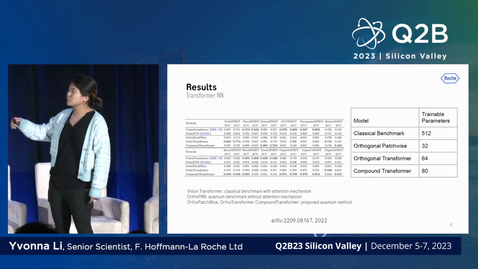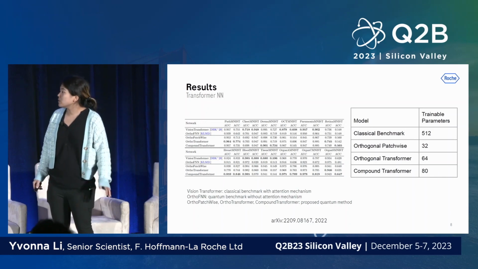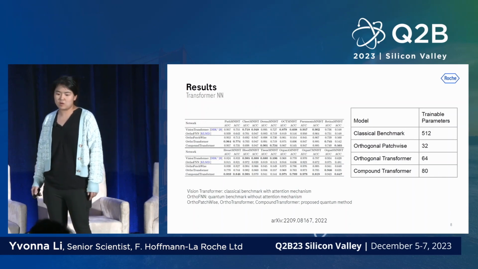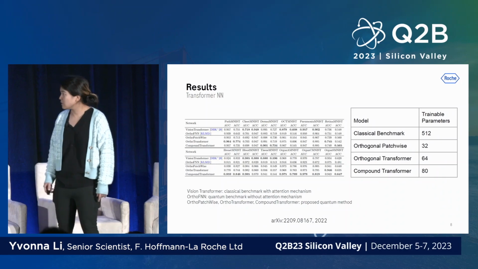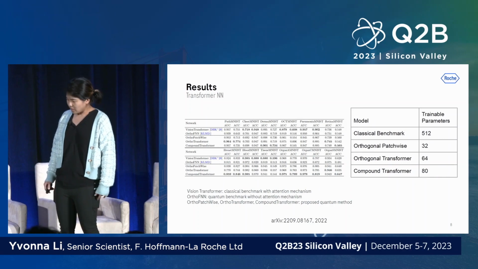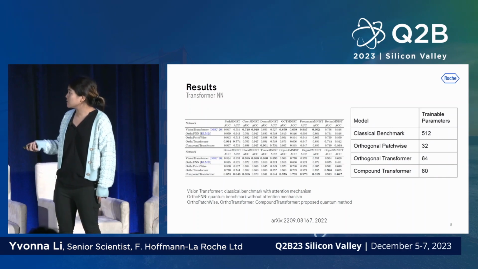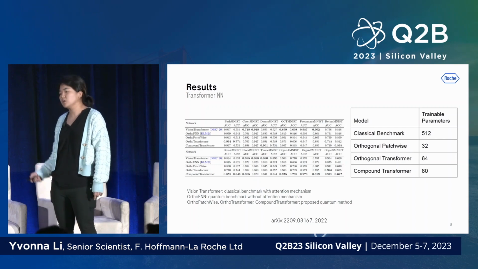And then the three following rows are our proposed approaches. You see that we can reach nice comparable performance in terms of accuracy and AUC. What we would like to highlight is that while the performance is competitive in terms of accuracy, our architectures require much fewer trainable parameters, which confirms our theoretical prediction for scalability.